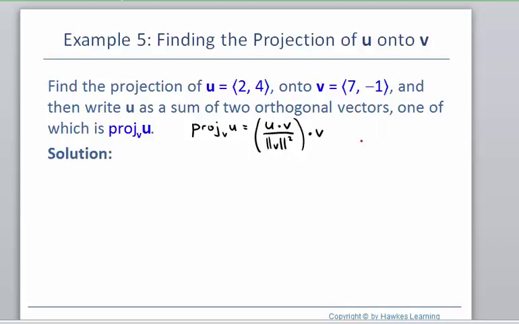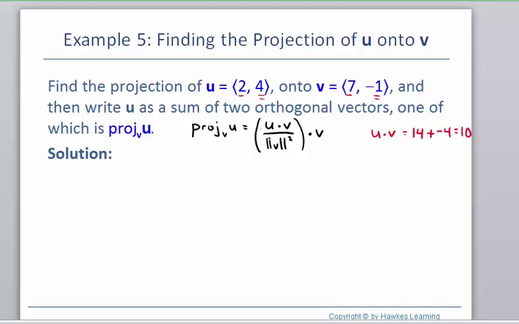I'm just going to come off to the side and do that calculation. Remember, the dot product implies that you take the first components and multiply them together. So 2 times 7 is 14. Then I add the second components multiplied together. So 4 times negative 1 is negative 4. So our dot product is going to be positive 10.